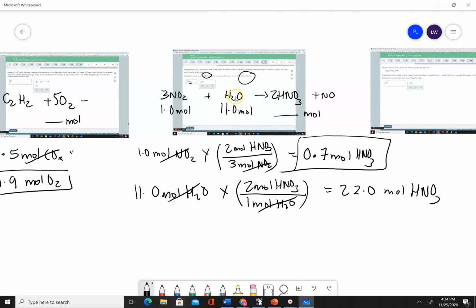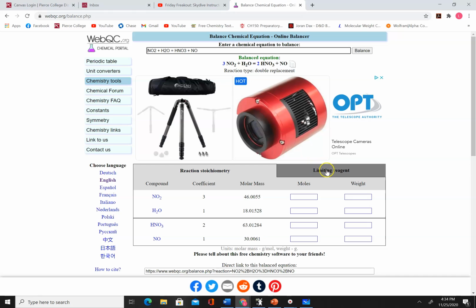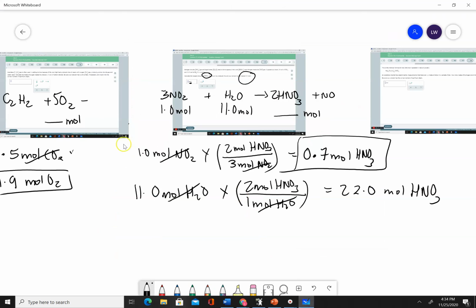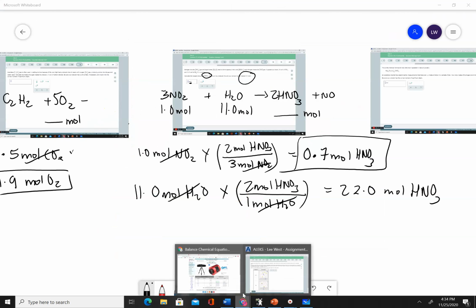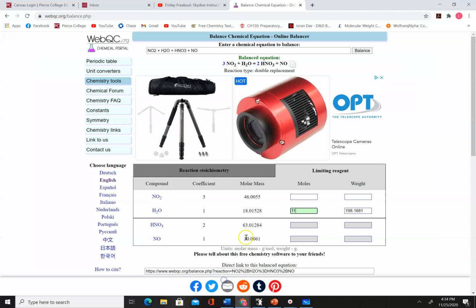Now here's the cool thing. When I go to my equation balancer here, I can do these limiting reactant problems. What we saw was that we had 11 moles of that one, and then 1 mole of the NO2, and it highlights what the limiting reactant is in pink here.